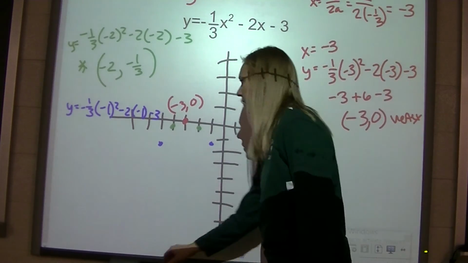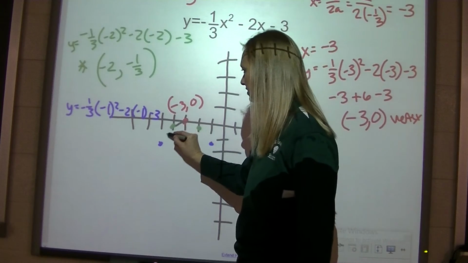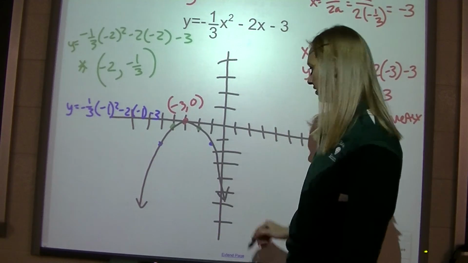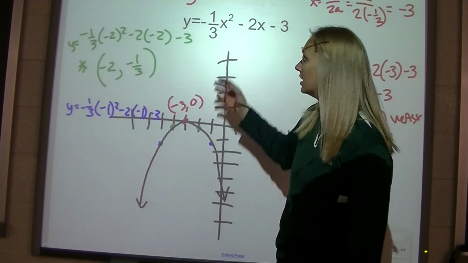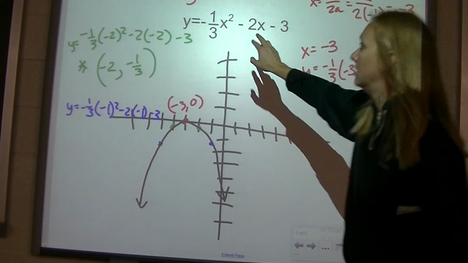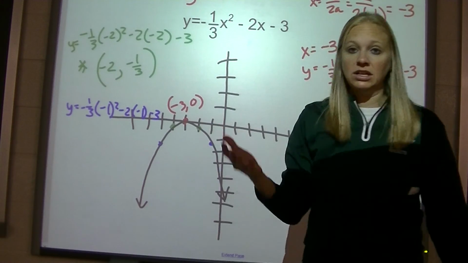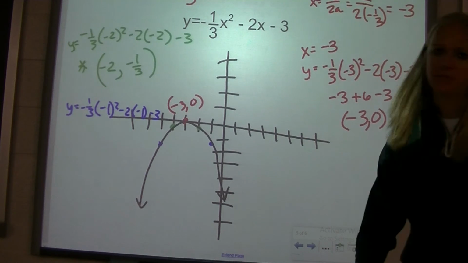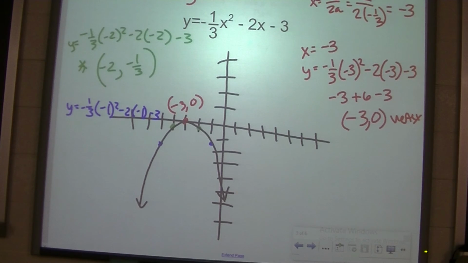Also, notice how this parabola is kind of wider than the last one you graphed. Again, it's because we have a number smaller than 1 as our leading coefficient. Okay, so that is graphed. Hopefully that's enough examples and you'll be able to do the first 2 problems in the practice quiz.